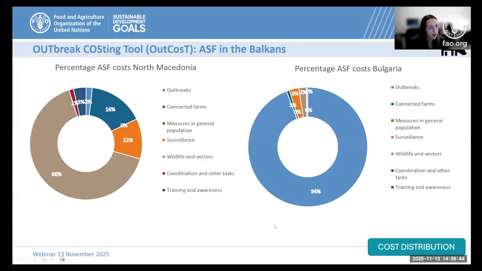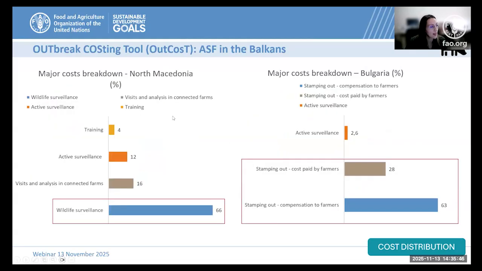If we break this down, we can see that for North Macedonia, the cost was all for surveillance in wildlife. And in Bulgaria, it was all for stamping out, more specifically compensation to farmers that used stamping out, and also the cost that was paid by farmers due to stamping out. So this is just some of the things that we can discover by using this tool.